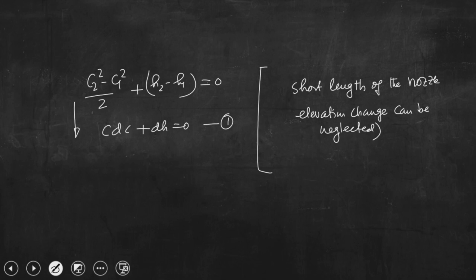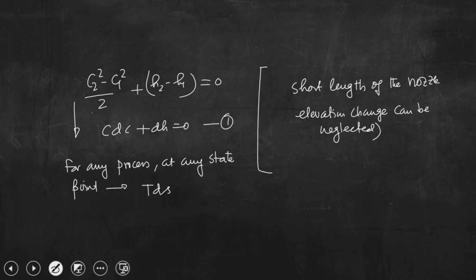Now, we have learned from thermodynamics that for any process at any state point we can write TdS equal to dH minus VdP.